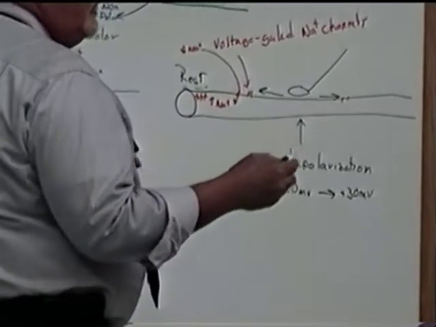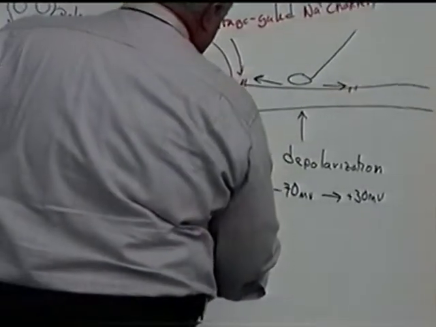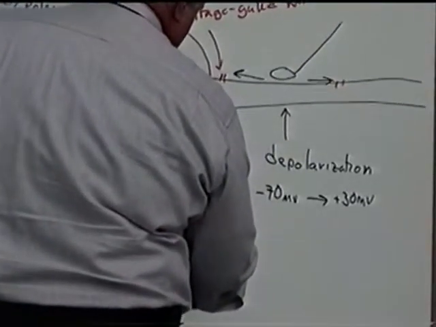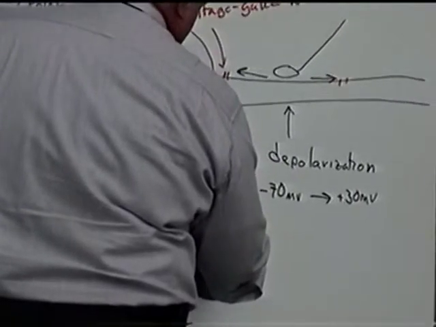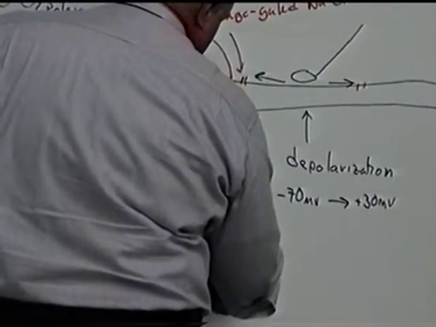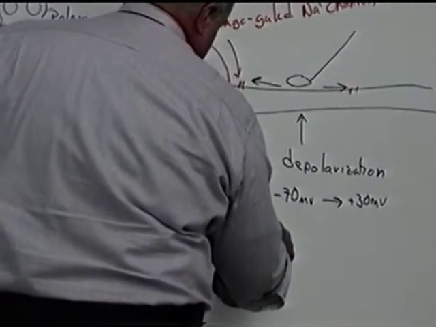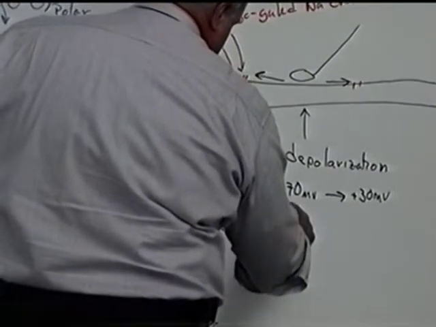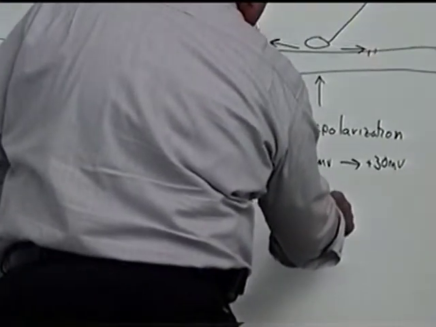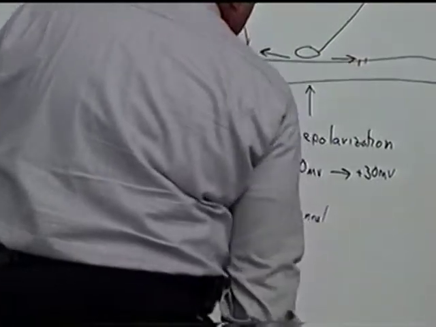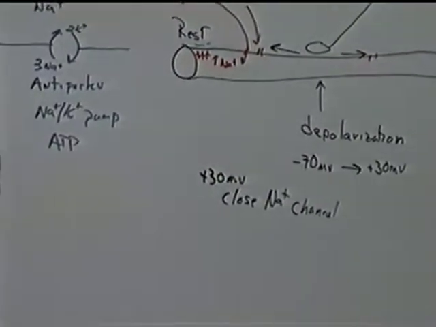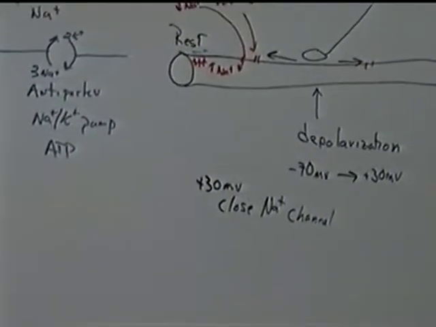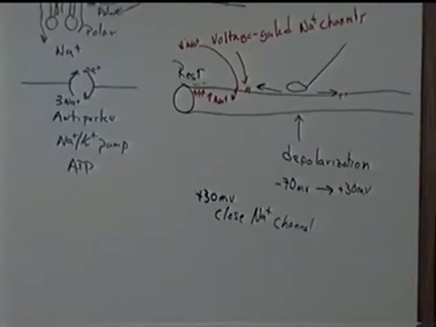And then the critical thing to understand is that plus 30 is what closes our sodium channels. So when I reach plus 30, the membrane essentially stops depolarizing. Close those sodium channels.